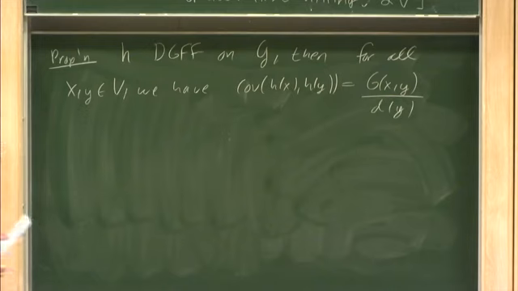Okay, so this gives the covariance function for the discrete Gaussian free field.